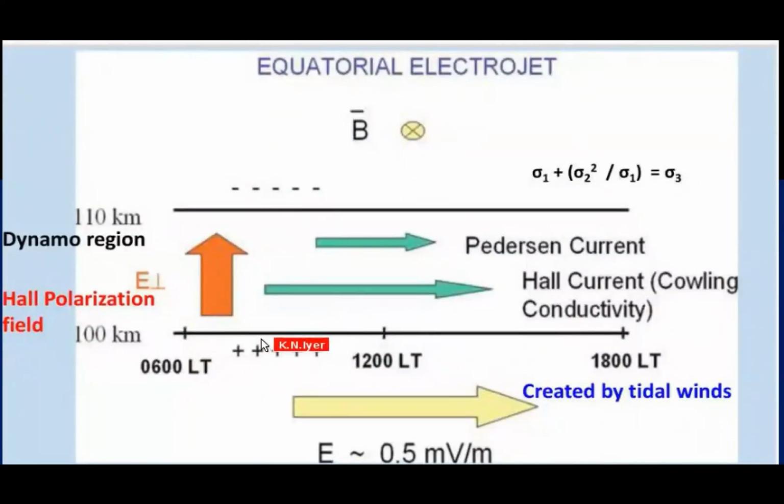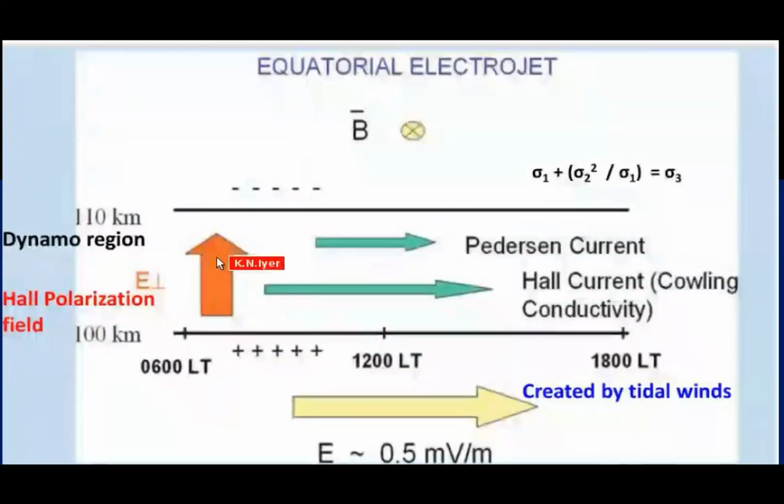They are heavier, so they sit back at the bottom boundary, and the electrons move faster and reach the top boundary. As a result, a sort of polarization, a charge separation, is created, and that charge separation gives rise to an electric field in the vertical direction.